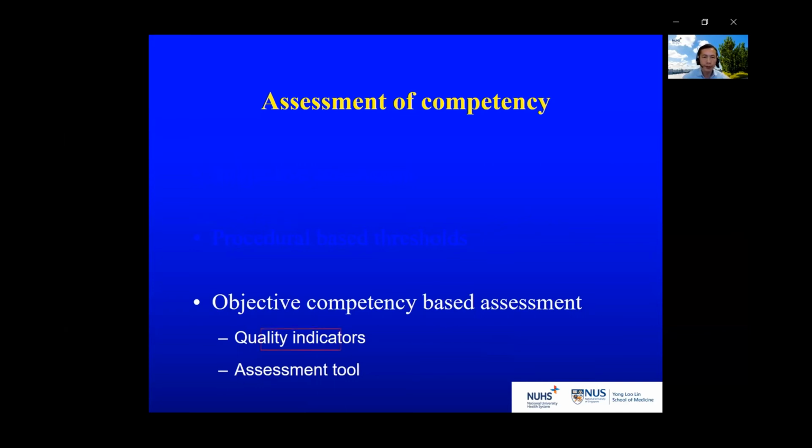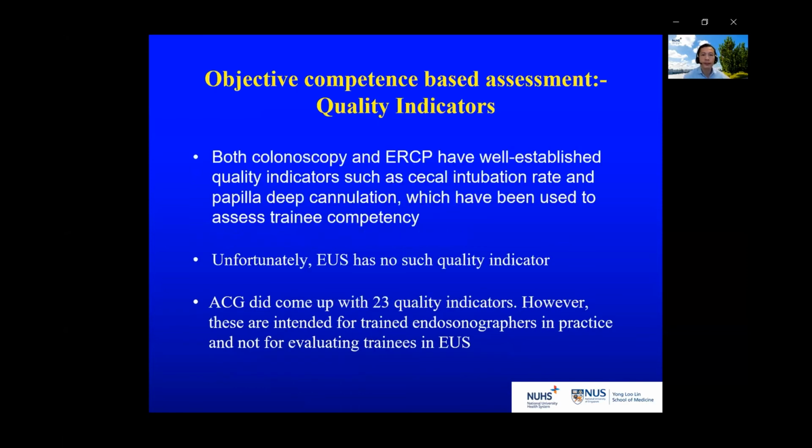If you look at quality indicators, colonoscopy and ERCP already have fairly well established ones, such as cecal intubation rate and papillary deep cannulation rate, and these have been used to assess trainee competency.